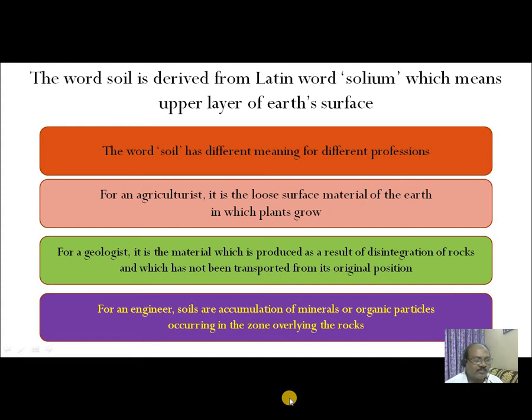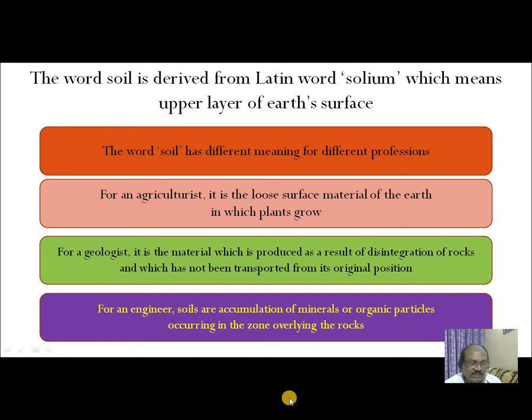For example, a farmer or agriculturist says that soil is a loose surface material of the earth wherein plants or trees grow. A geologist feels that soil is the material which is produced as a result of disintegration of rocks, which has not been transported from its original place.